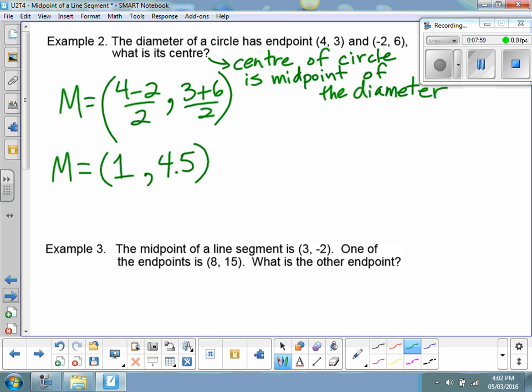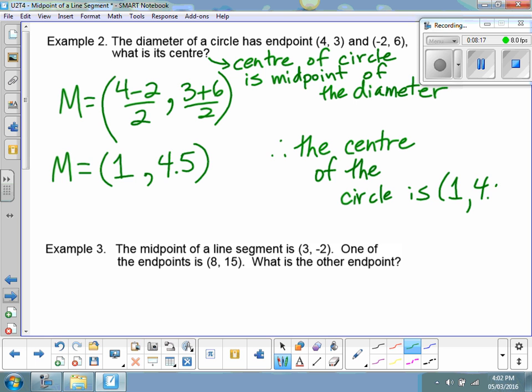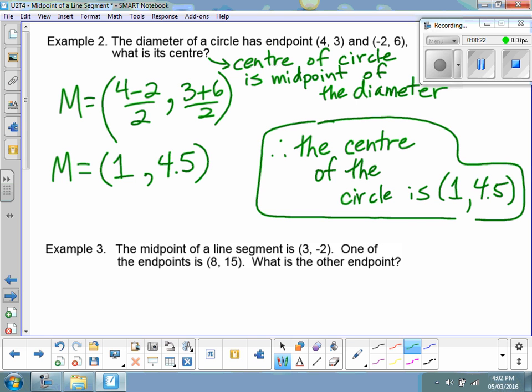You could write 4.5 as well, but 1 and 4.5 is good as well. So in this one, therefore, the center of the circle is 1 and 4.5. So that's going to be our solution to that one.